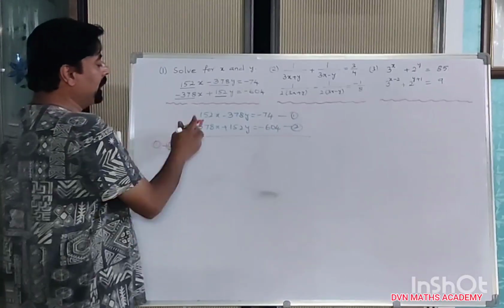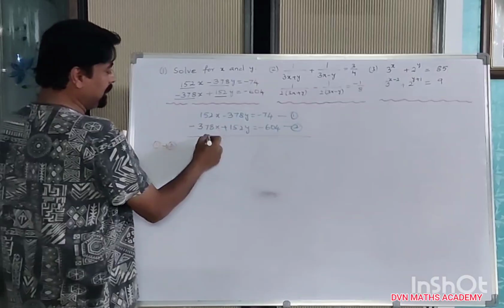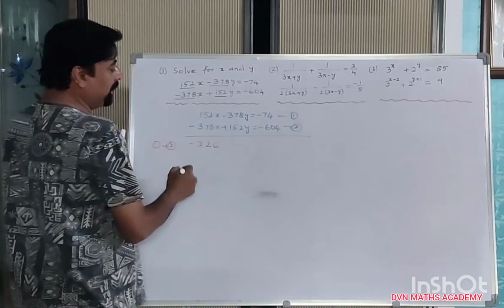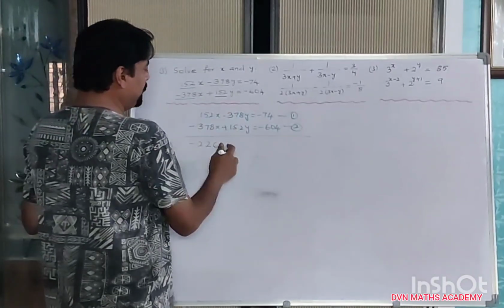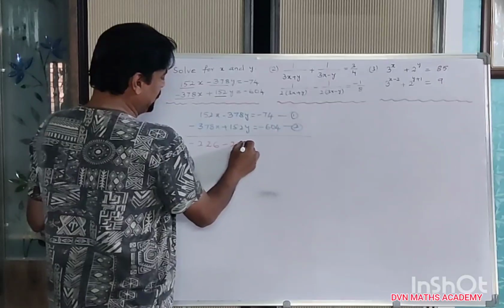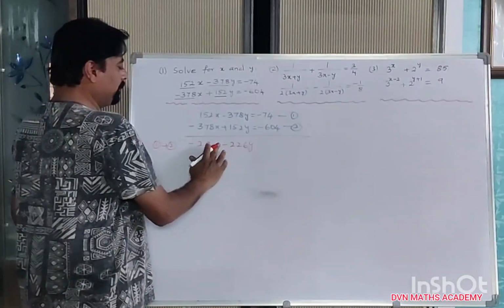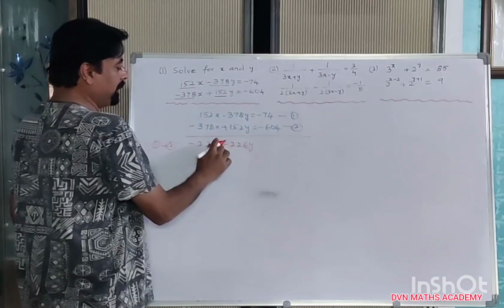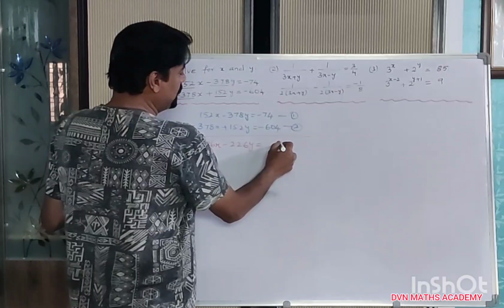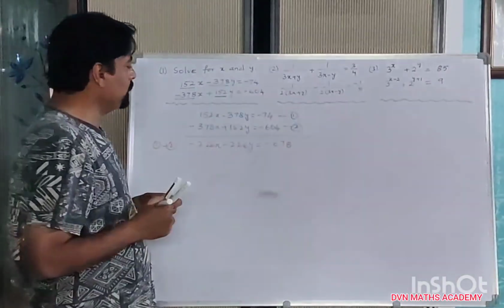What happened, you see? If you add these, minus 378 plus 152 is minus 226, and this is also minus 226. So minus 226x minus 226y is equal to, if you add these two, minus 678.